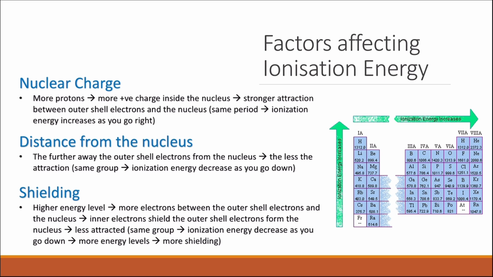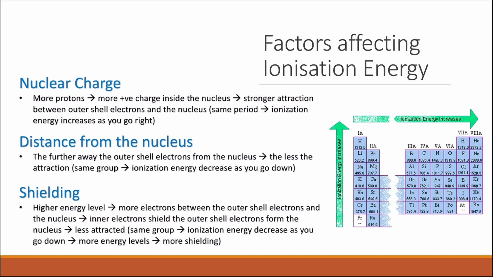As the atomic number increases, the number of protons increases, and the attraction between the outer shell electrons and the positively charged nucleus will be more, meaning the outer shell electrons will need more energy to be removed. So the ionization energy will increase across a period because there is an increase in the nuclear charge.